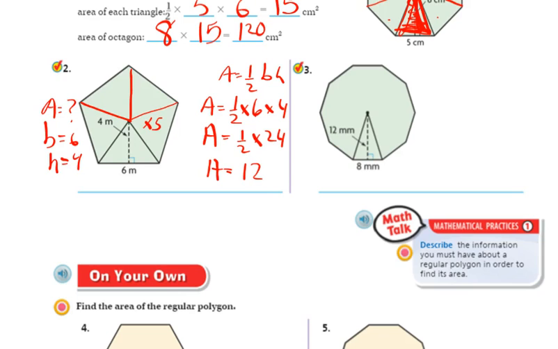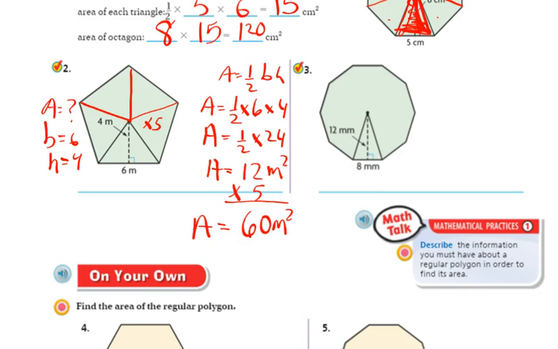I also know that we have 5 of these triangles, so I'm just going to multiply by 5. So the total area here is going to equal 60 meters squared. And remember, as I'm going through, if I'm going too fast, feel free to pause that video and take your time. The video lesson is designed to move at your speed.